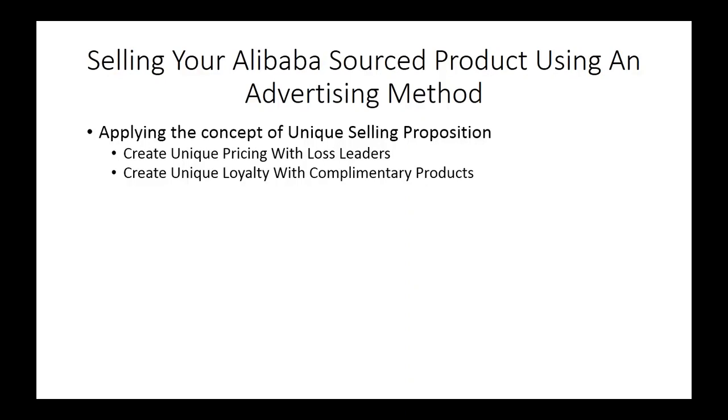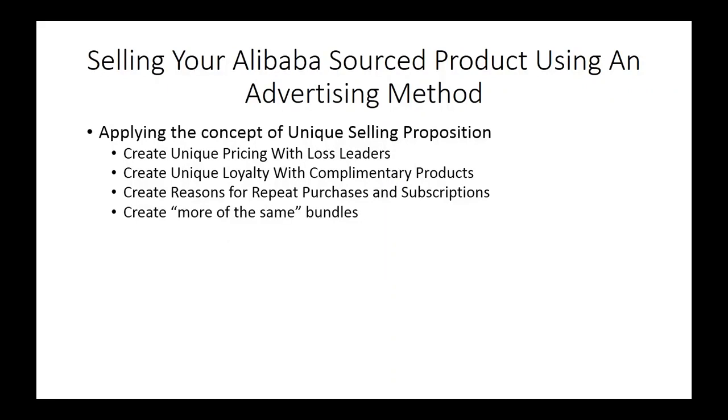But of course, you're really trying to get the buyer to be loyal to you and to want to buy from you a second and third time. In the advertising model, you're creating reasons for the buyer to make repeat purchases, whether it's at the point of sale or whether it's after receiving an email. You want to give them the feel of a subscription, and in some cases, you want to even be able to offer them a subscription so that, again, you will continue to get them to buy from you rather than your competitor.